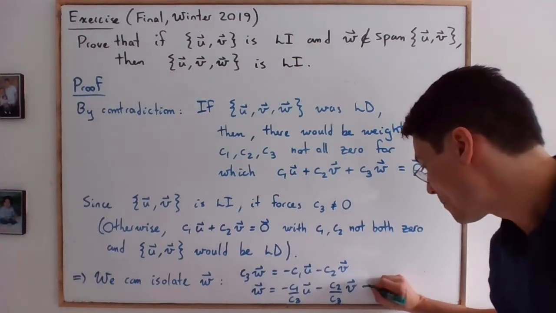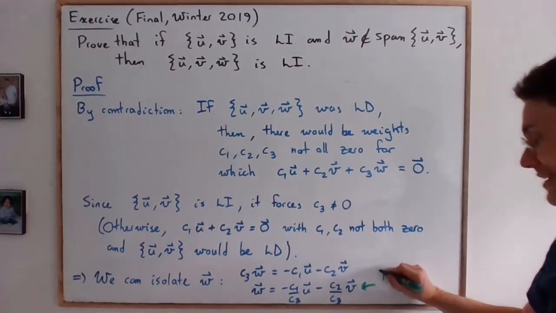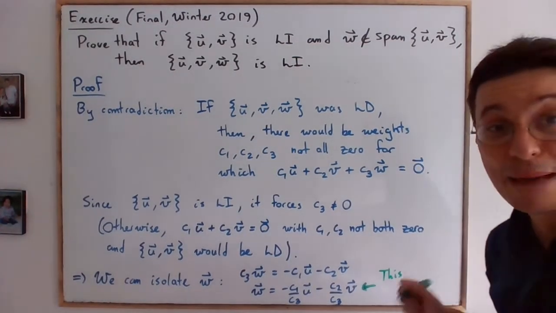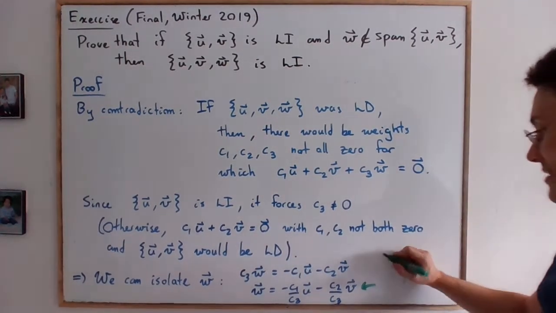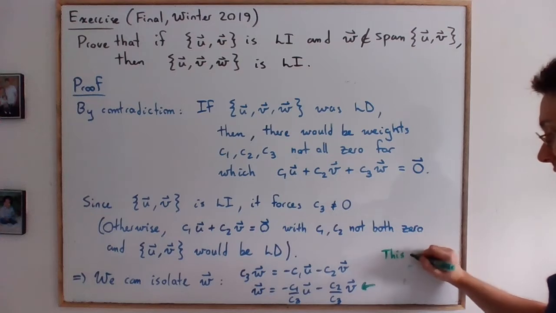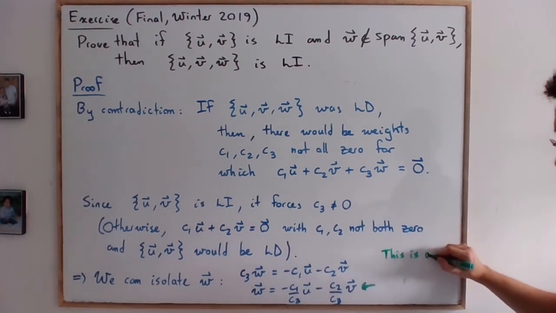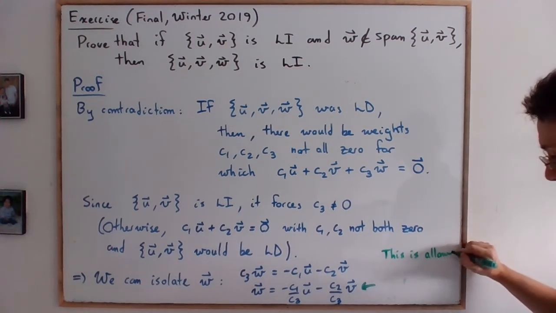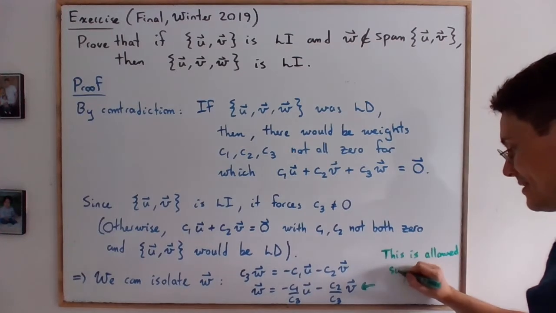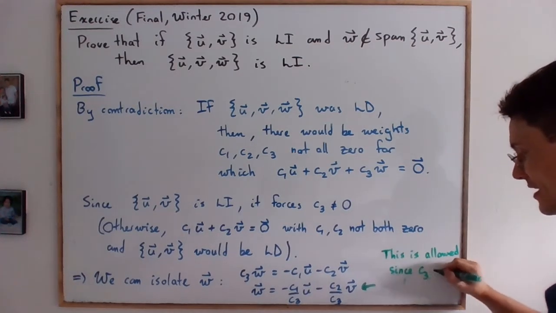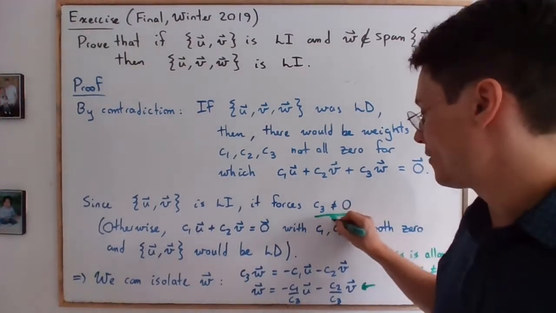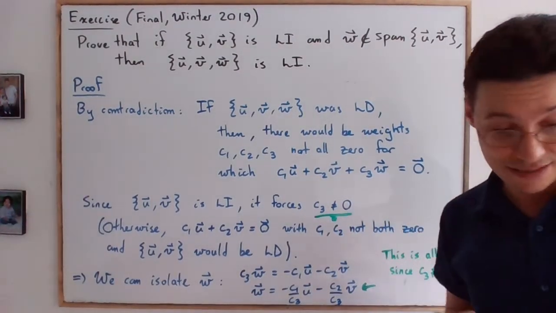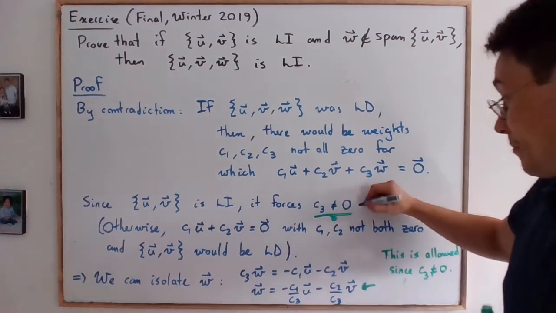Now keep in mind that this is allowed since it has been established that C3 is not 0. Let's actually write this down: this is allowed since C3 is not equal to 0. We established this over there.